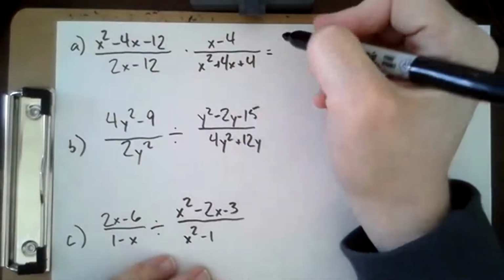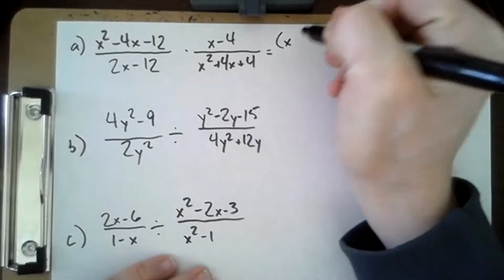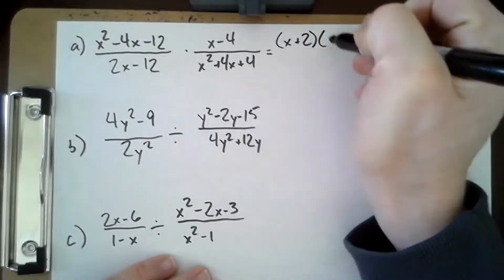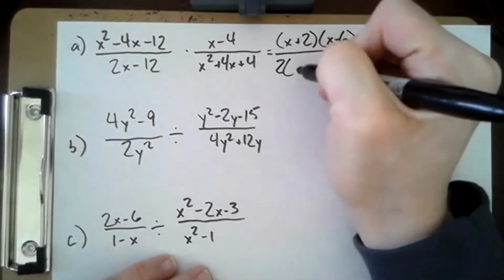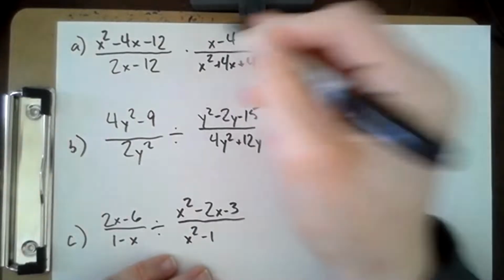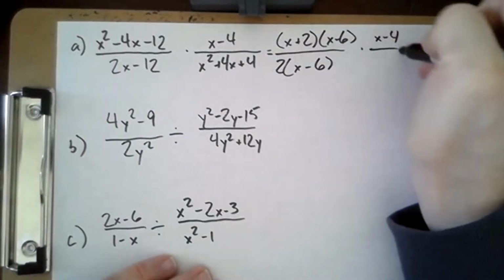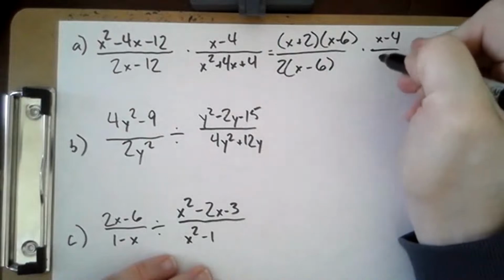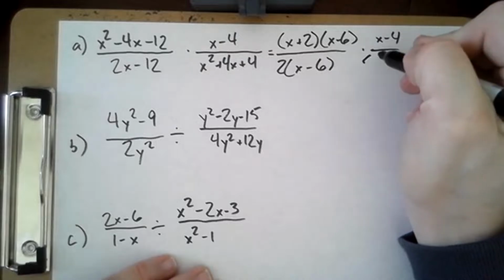So x squared minus 4x minus 12 is equal to x plus 2 times x minus 6, over 2 times x minus 6, and then that's times x minus 4 over x plus 2 squared.